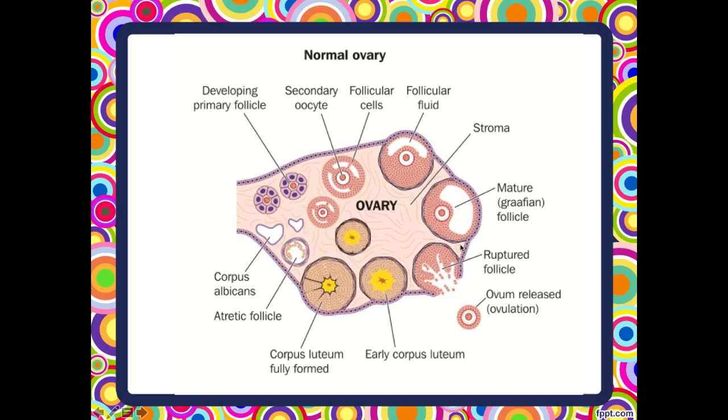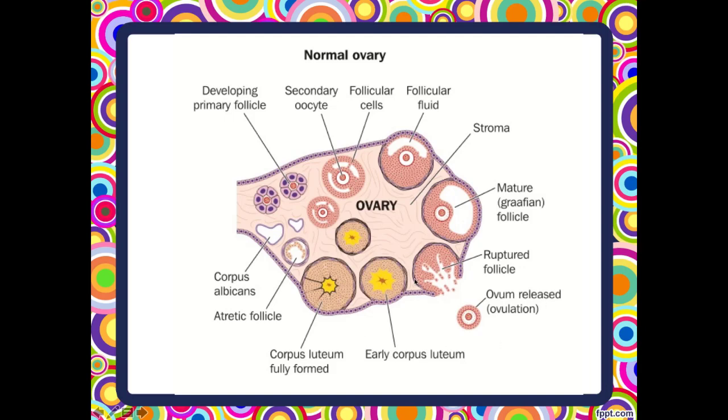Then during ovulation, the oocyte with a few layers of granulosa cells is released into the peritoneal cavity, and it is taken up by the uterine tube, and so on.